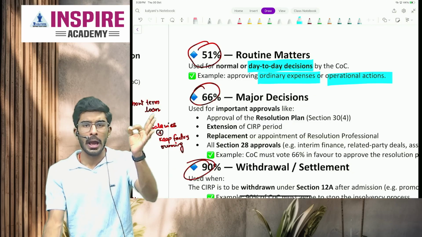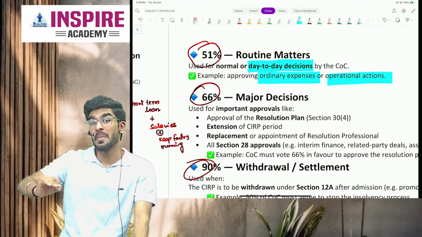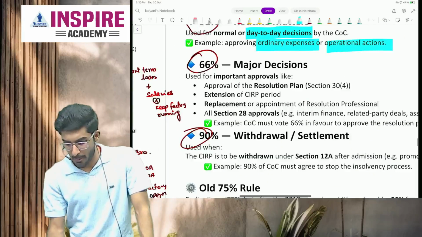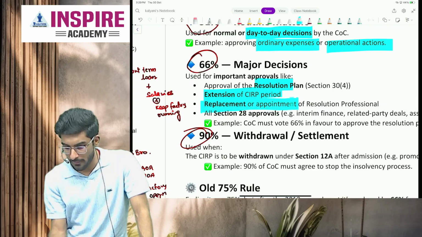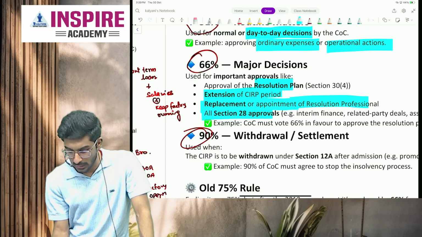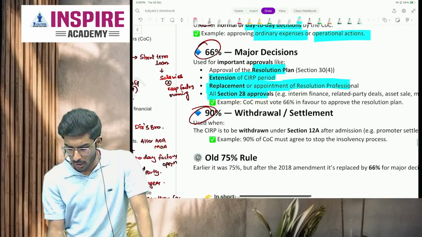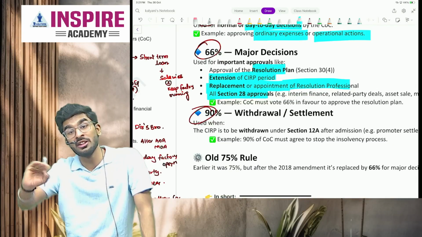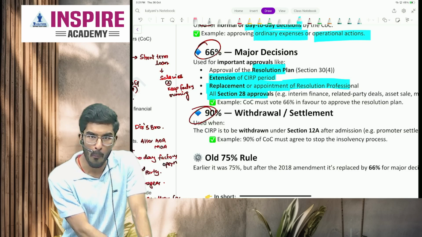Very easy, 51% is required. Now, 66% is for major decisions. What are those? Approval of RP, extension of CIRP, replacement of RP, all section 28 matters, interim finance, what we understood right now. All the major decisions will be taken by a 66% majority.